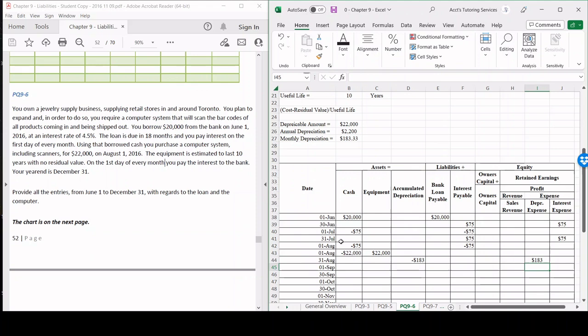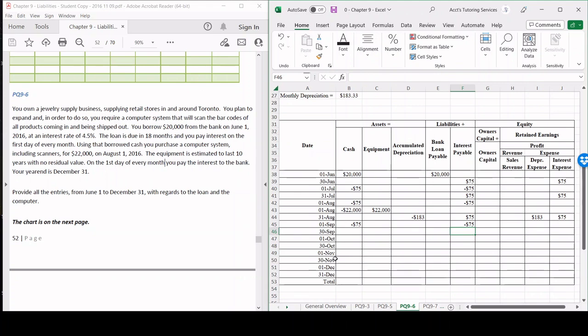Now we have to do the interest part. So interest payable is going to increase by 75. And so is interest expense increased by 75. Then on September 1st, we're going to decrease cash by 75, and we're going to decrease interest payable by 75 as well, because we have cleared that obligation.